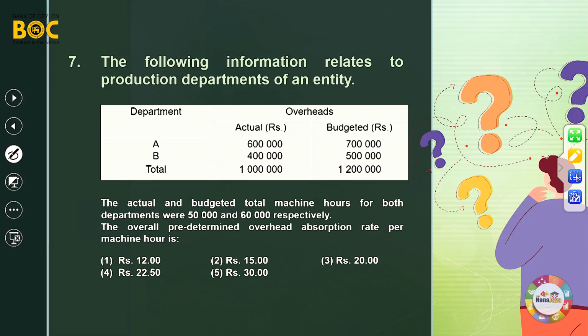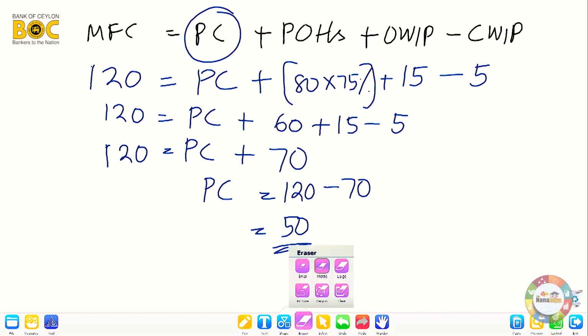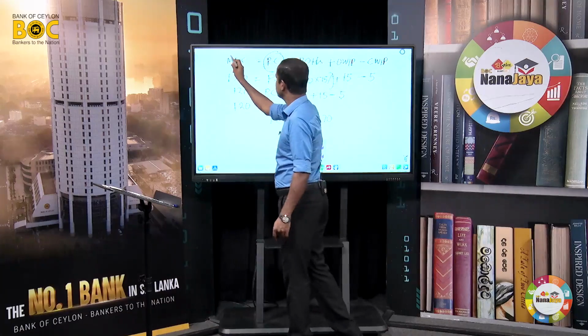So you have two departments, with actual overhead details and budgeted overhead details. The actual and budgeted machine hours are given. The budgeted machine hours are 60,000. The overall predetermined absorption rate. What's the formula to calculate the overhead absorption rate?